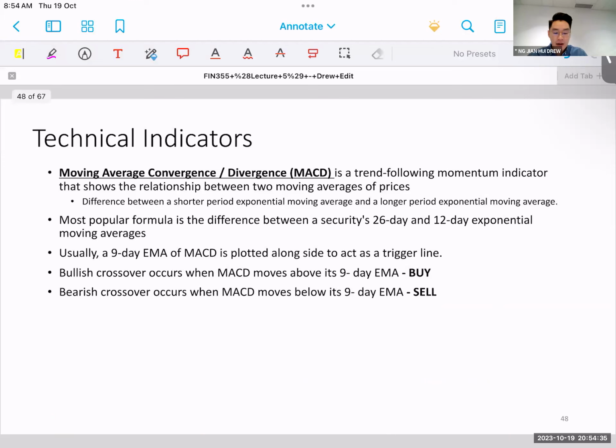Now, another very common indicator to use is called MACD. Anyone heard of this before? MACD? I believe if you use Bloomberg, you should probably have heard of this. Moving averages. Yeah, this is very popular.